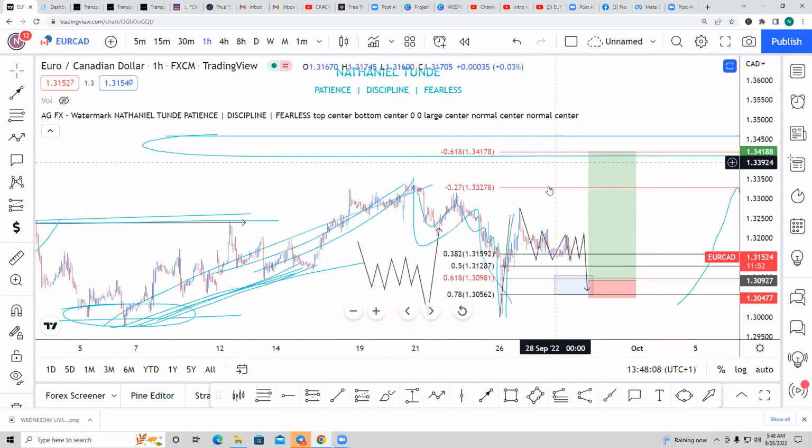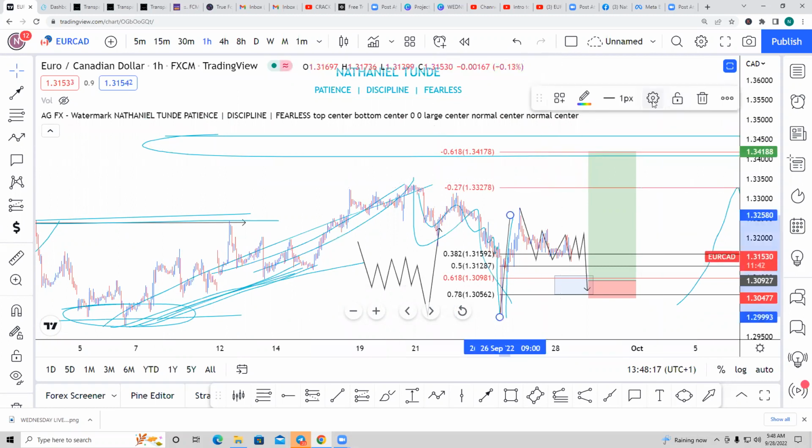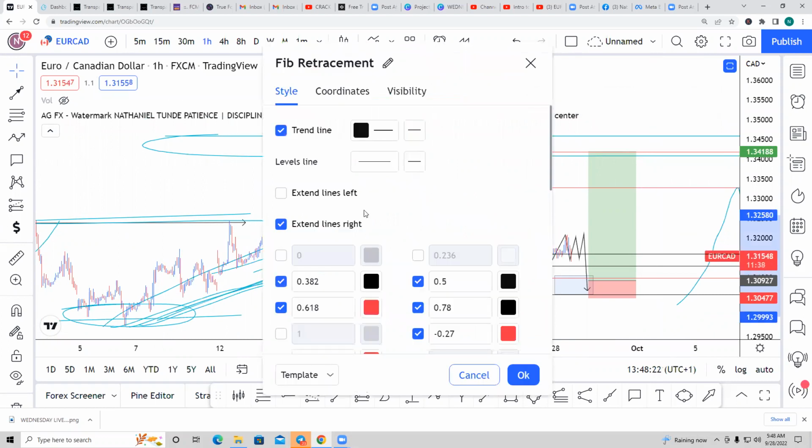Somebody will ask, how do you get minus 0.27 and minus 0.618? Just extend your fib. Go to settings on TradingView, and under style, you see each level. If there's one I don't like and I unmark it, you will not see it again. If I mark it, it comes there.